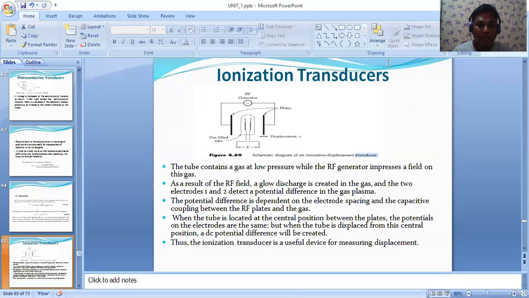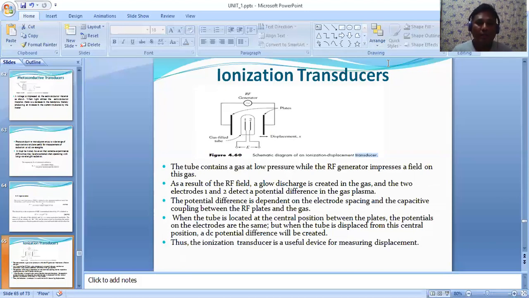In the gas-filled tube, the electrodes are marked 1 and 2. Between 1 and 2, we measure the energy in the ionization transistor.